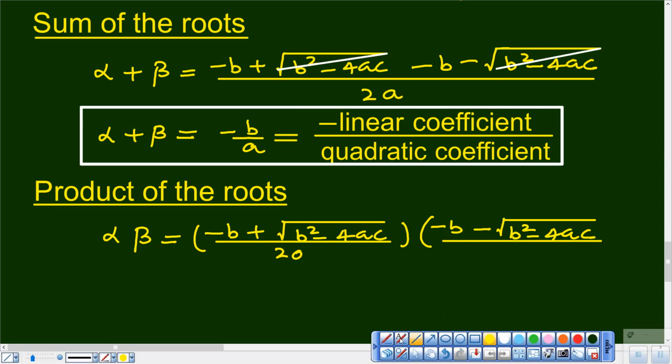Now you can see that in the numerator we have minus b plus under root b square minus 4ac and minus b minus under root b square minus 4ac.